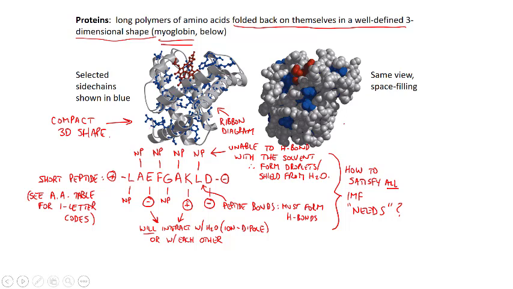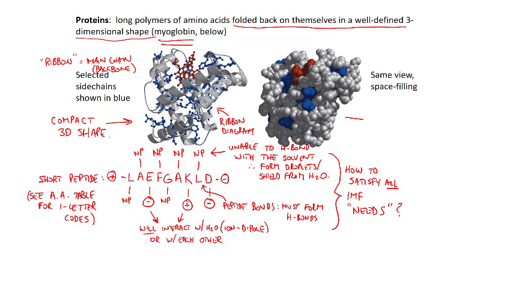The ribbon is the main chain, or the backbone. And we're going to see examples of other protein structures in ribbon diagrams later on.